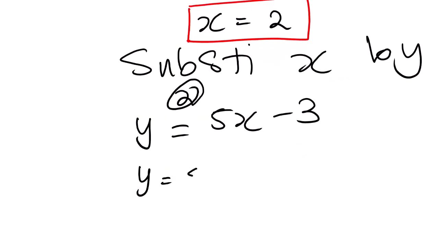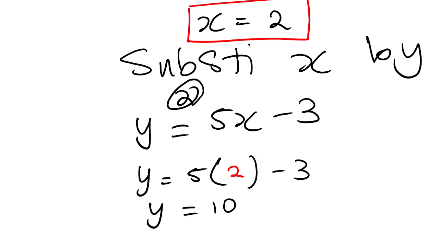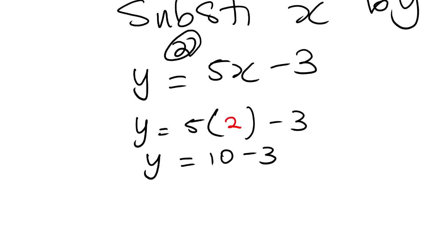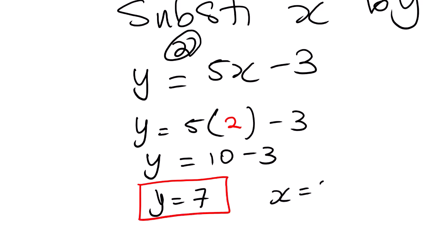So y is equal to 5, where we see x we substitute by 2. Five multiplied by 2 is 10, minus 3. Y is equal to 10 minus 3, it's 7. Then our x is equal to 2. I hope you got this one correct also.